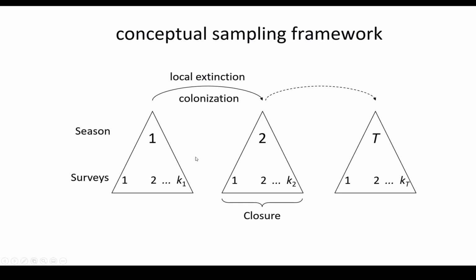Extinction being, patches go locally extinct, the species is no longer present. Colonization being, patches become colonized, new individuals from a particular species enter a patch. Now, it's important to remember that for a local extinction event to occur, a patch has to be occupied, and for a patch to become colonized, it has to be empty.